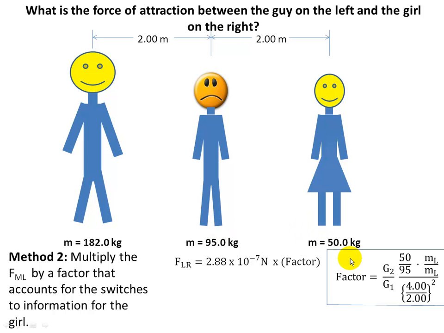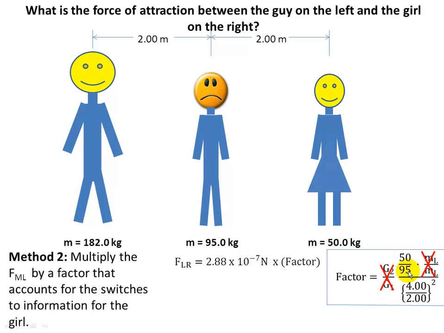Well, here's that factor. It's like taking Newton's universal law of gravity and putting in fractions for the after and the before. The gravitational constant never changes, so that's going to cancel out, and the mass of the guy on the left never changes, so that's going to cancel out.